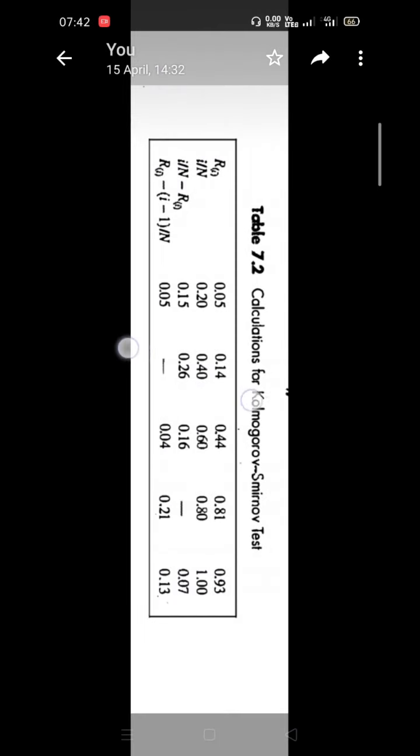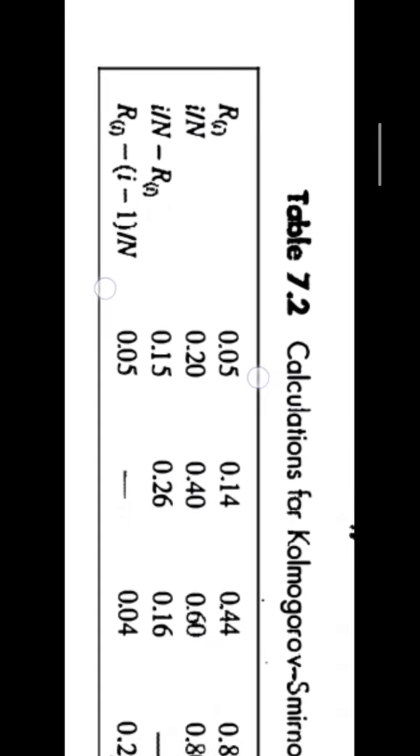The expected one and the obtained one are compared. Uniform CDF is F of x. It can be seen that D plus is the largest deviation. Let us observe this. This is table 7.2 after calculation. I have explained the calculation in the previous video, so please refer to it.